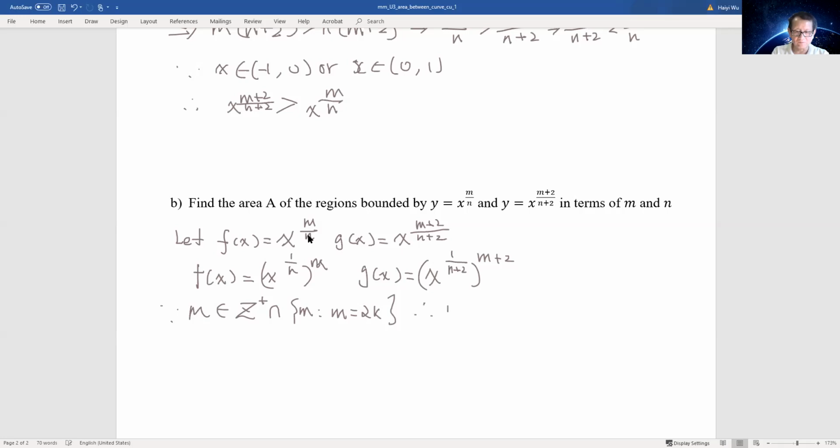Therefore m plus 2 is also a positive even integer, so m plus 2 is also 2 times k. So this is an even number and this is also an even index. Therefore fx and gx both are even functions.